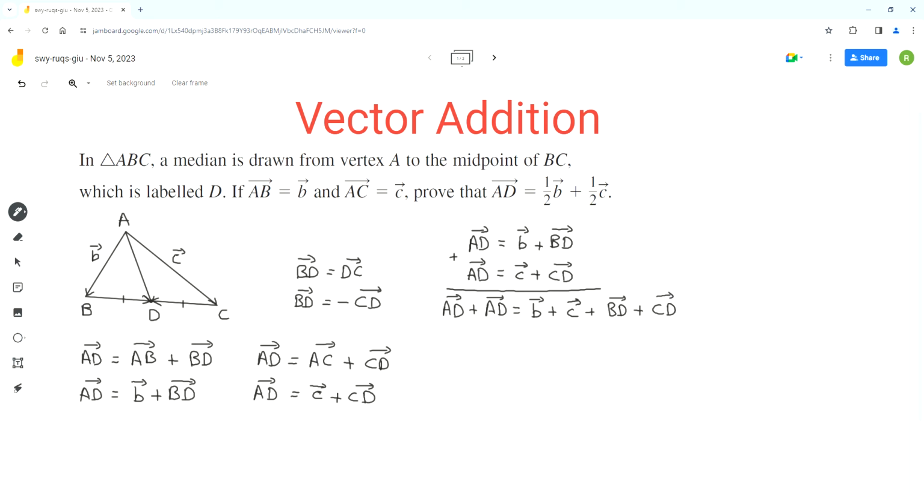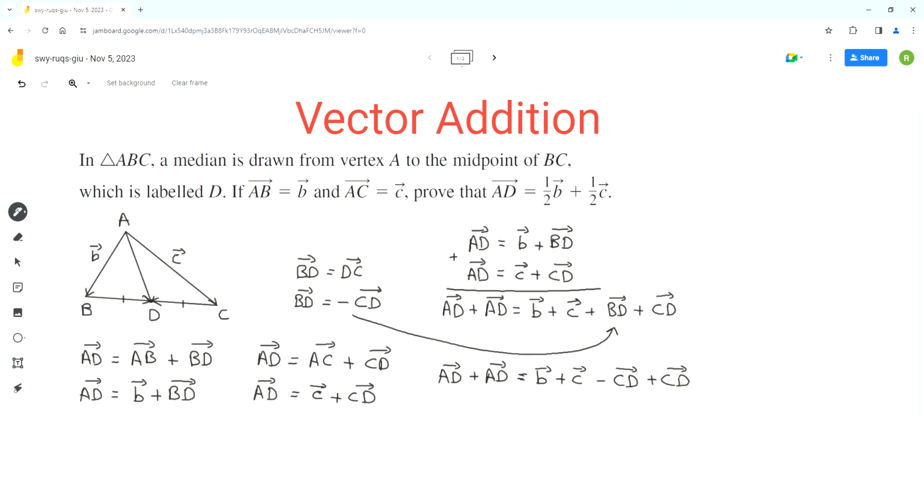So we can do this substitution in this equation. We can rewrite the equation as vector AD plus vector AD equals vector B plus vector C and then minus vector CD plus vector CD.